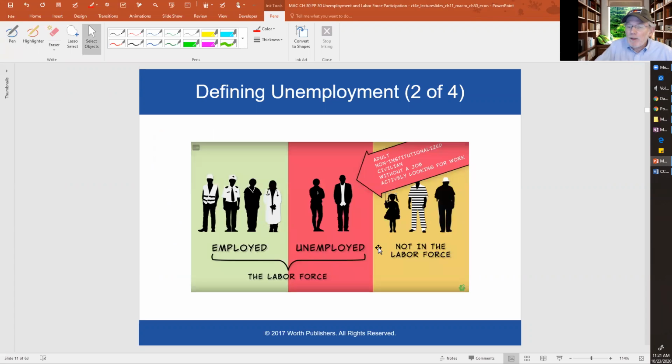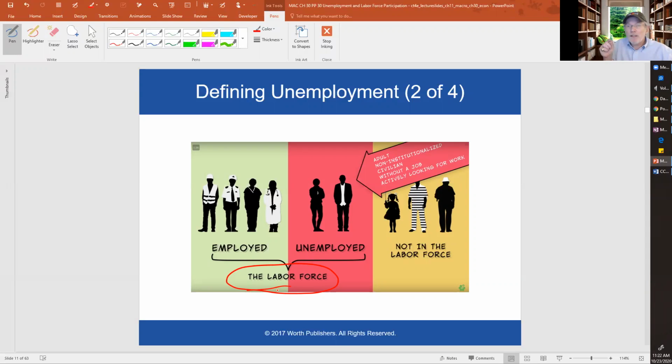Moving on. This is a useful chart to keep in mind. Every person is going to fall into one of these three categories. You're working, meaning you're employed, you're unemployed, or you're not in the labor force. It's really important to remember what the labor force is. It's not the population as a whole.